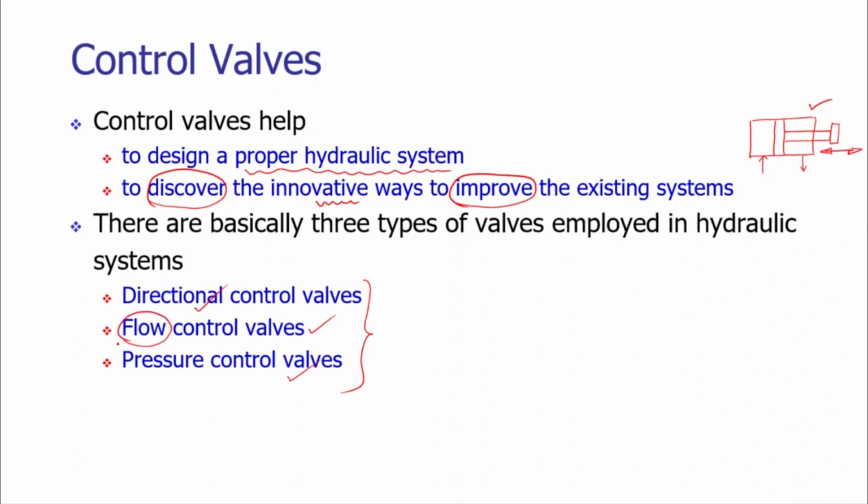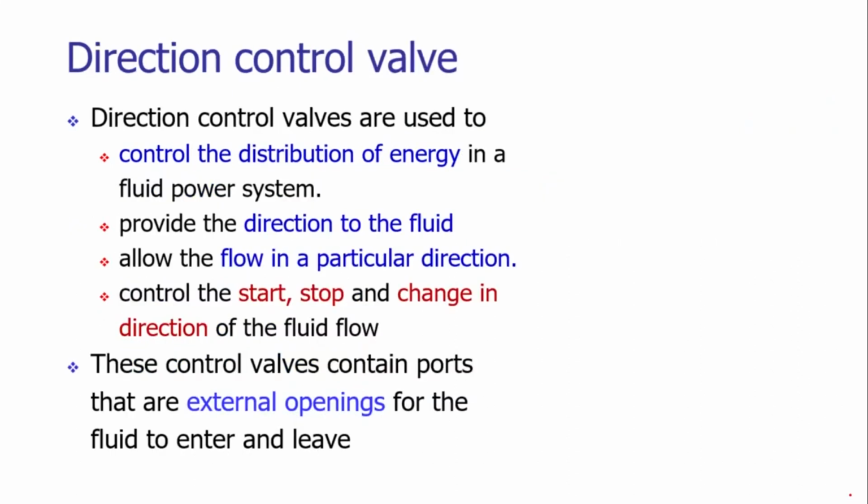As the name suggests, the flow control valves are controlling the flow of hydraulic fluid inside the hydraulic system. And the third one, the pressure control valve, is utilized to control the application of pressure of hydraulic liquid at the application or the load. Let us look at these types of valves one by one. Let us start with the directional control valve.